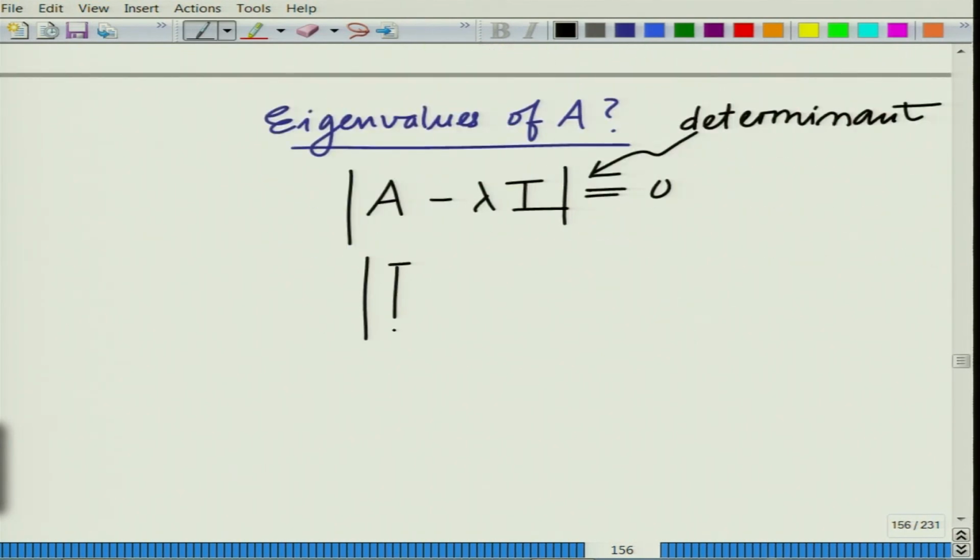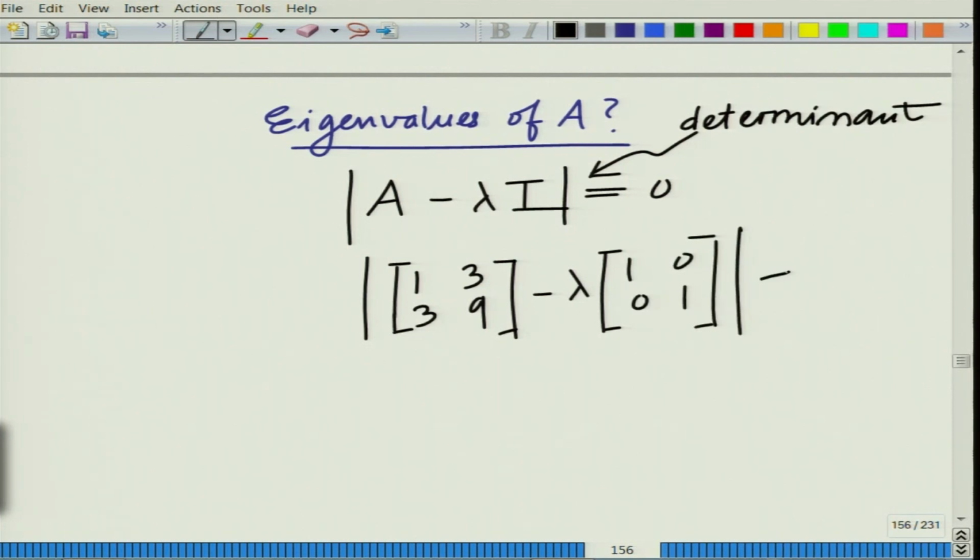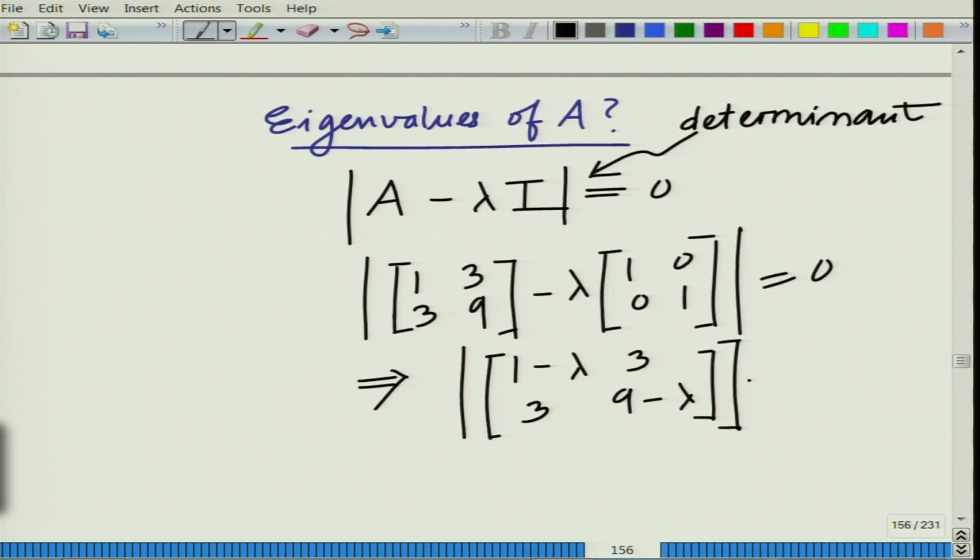This is 1, 3, 3, 9 minus lambda times, of course, the 2 cross 2 identity matrix, equal to 0. This implies that you have 1 minus lambda, 3, 3, 9 minus lambda, the determinant of this must be equal to 0.